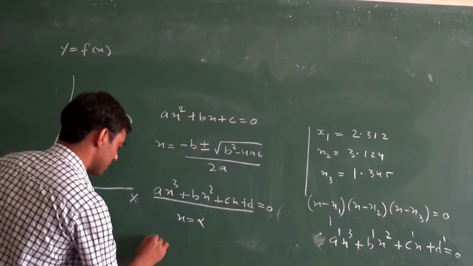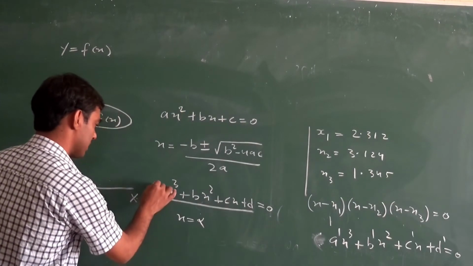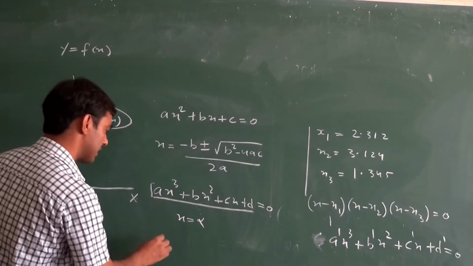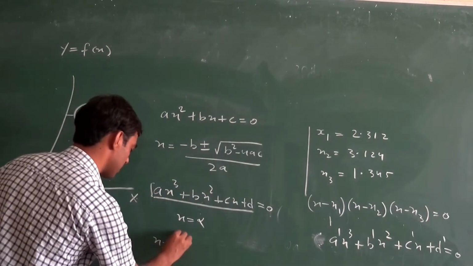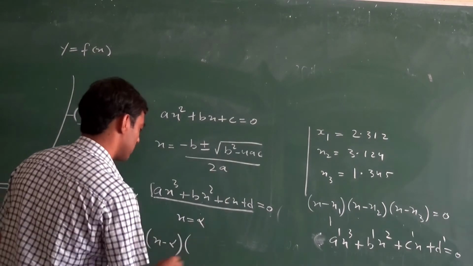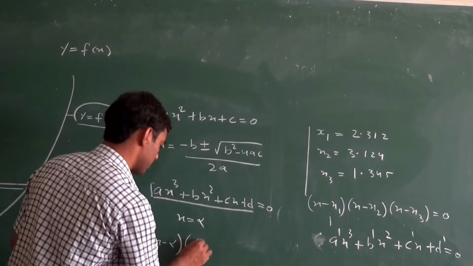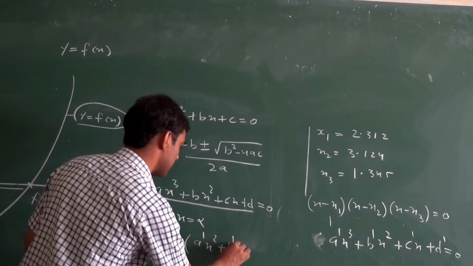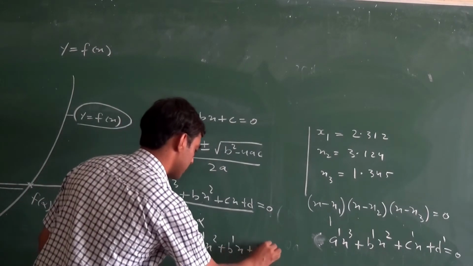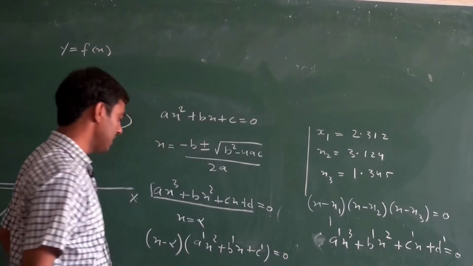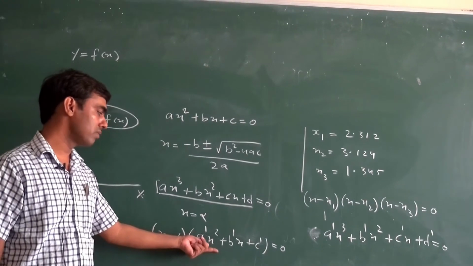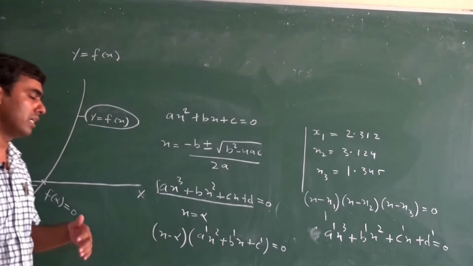So what is the reduced form of this equation? In the form of factors, this becomes (x minus alpha) times a quadratic equation, suppose a'x square plus b'x plus c'. So here x equal to alpha is one root, and by solving this quadratic equation we find the other 2 roots.